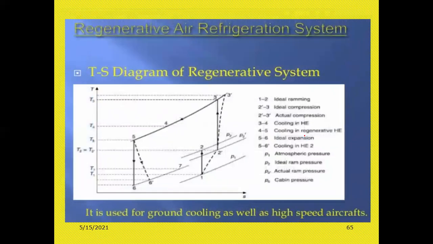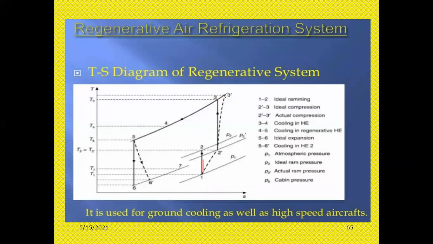So here you are having the changes. 1 to 2 is the ideal ramming process. 2 dash 3 is the ideal compression process, 2 dash 3 actual compression. So 1 to 2 is a ramming process, right? 2-3 is actual compression, 2 dash 3 dash is ideal compression.